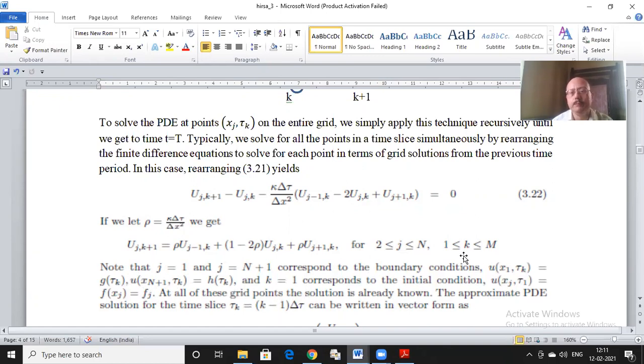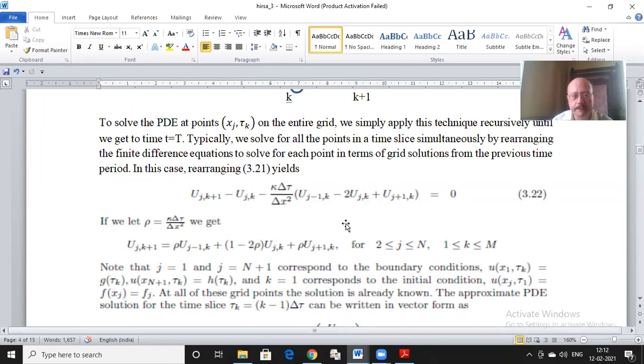And of course, if I put k equal to 1, then u xj tau 1 is also f xj, which we call fj. Because again, I am evaluating at discrete points. So it is just fj. These are already known. So all these grid points, top, bottom, and the left, it is already known.